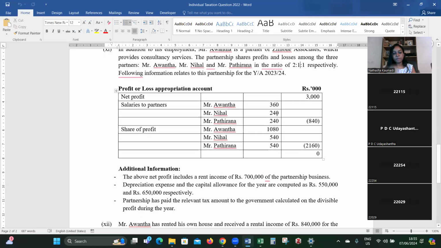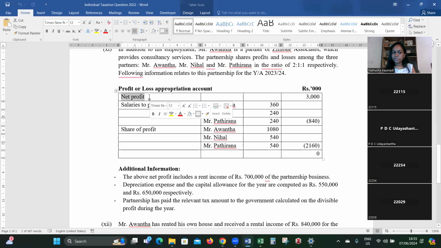Right. Now you have been given this profit or loss appropriation account. Now this is a bit different to what you have discussed in the partnership lecture, so be careful when we are reading. You have been given the net profit. Net profit is 3,000, given in thousands. And we have been given the salaries to partners.